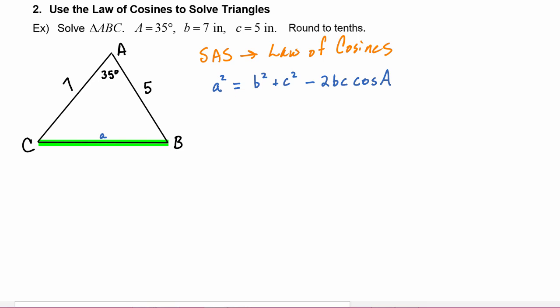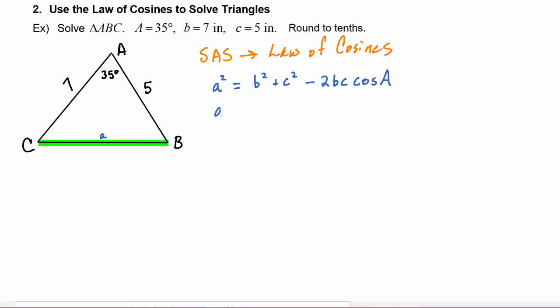Remember, the A's are like the bookends. If I have side A by itself, then I'm going to have angle A as the argument of the cosine. Now we fill in what we know and solve for what we don't know. So A squared we don't know, that's what we're solving for.